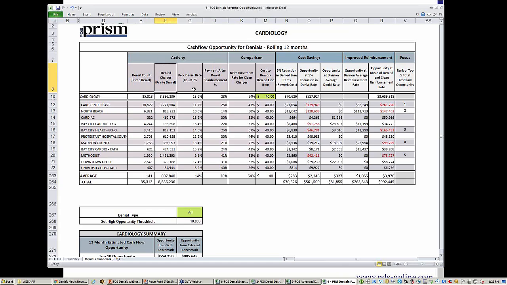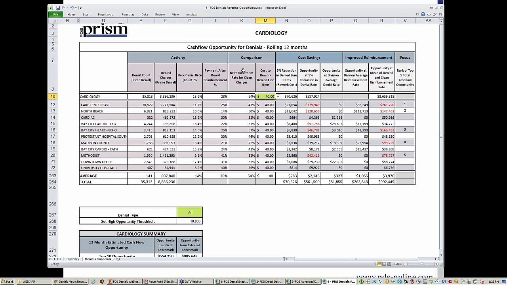We can look at the recovery rates for denials that we're seeing, and we can see what our reimbursement rates for denied claims versus clean claims are. Once we know that activity, we can compare to scenarios of what we'd like to see, where we can look at what's our clean claim reimbursement rate, what's it cost us to work a denial, and we can even do things within the dashboard itself to modify variables to make it more appropriate for what we're trying to do.